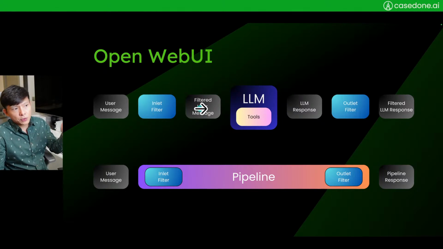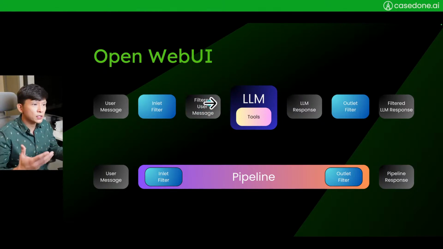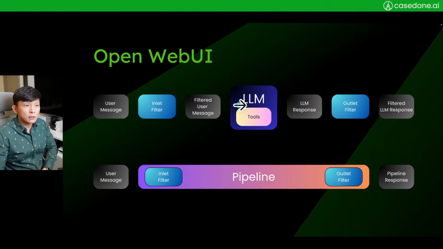After that, the filtered user message will be given to the LLM, which will create a response. That response can be passed through the outlet filter, which again processes the LLM response to satisfy the filter's function or capability.